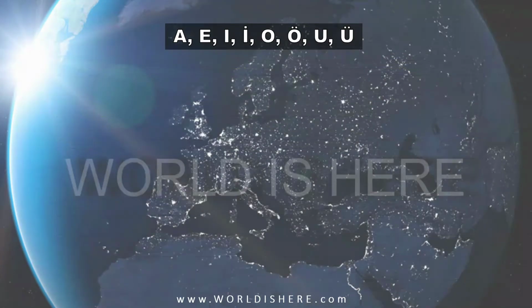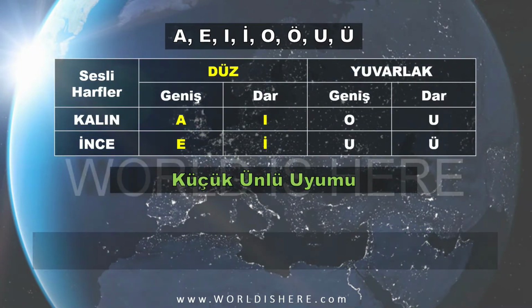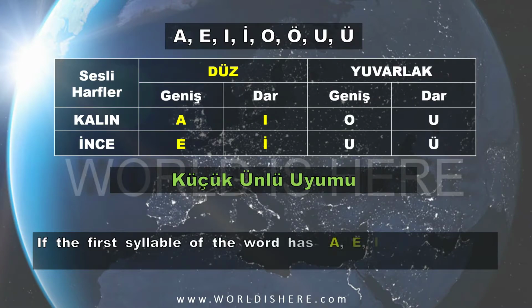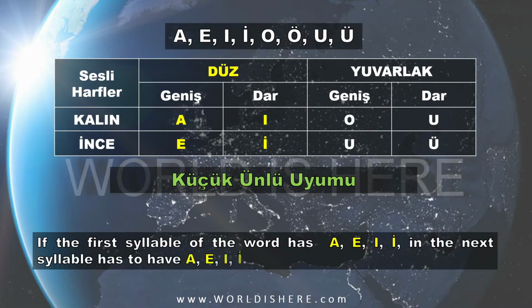Okay? So, according to küçük ünlü uyumu, there are two main rules. The first one: if the first syllable of the word has a, ı, in this case, the next syllable has to have a, ı. Here, we are not checking the whole word.